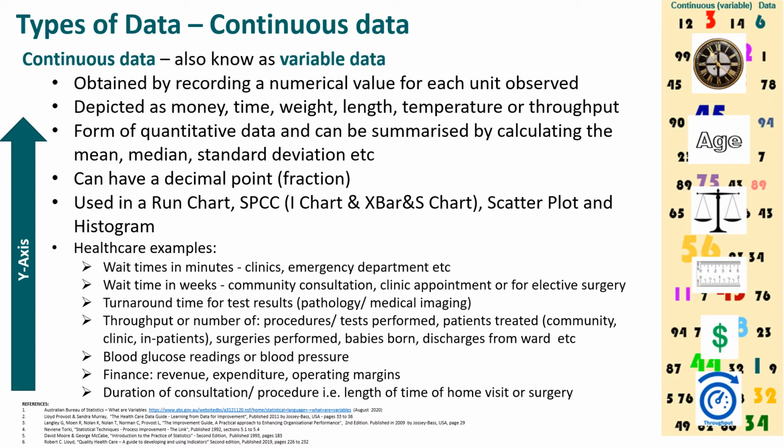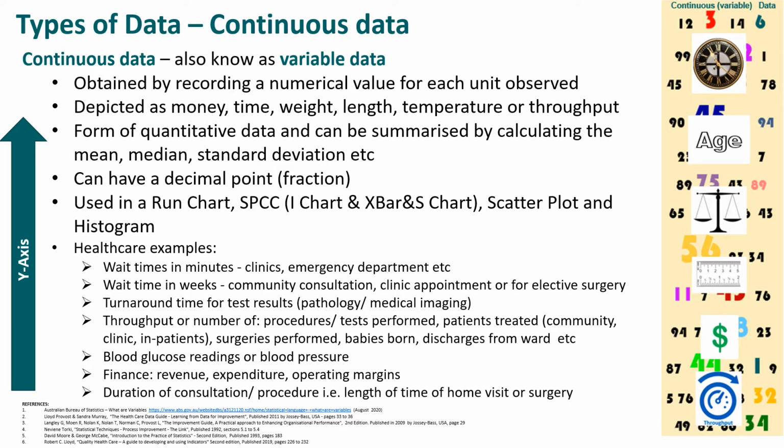So some examples of continuous data in healthcare may include the wait time in minutes to be seen in a clinic or in the emergency department, the wait time in weeks for a community consultation or a clinic appointment or for elective surgery, the turnaround time of test results, such as for pathology or medical imaging, and the throughput or the number of procedures or tests performed or patients treated, say in the community or in a clinic or as inpatients, the number of surgeries performed, maybe the number of babies being born or the discharges from a ward, etc. Other examples of continuous data are blood glucose readings or blood pressure.